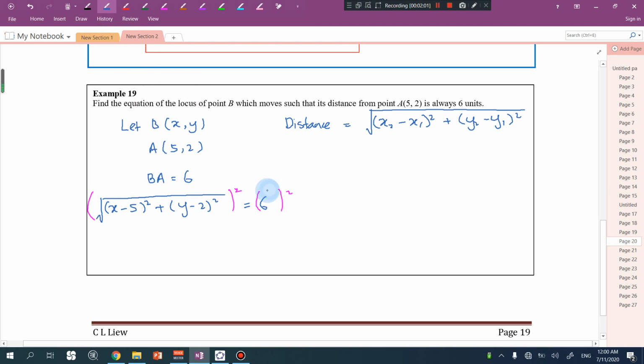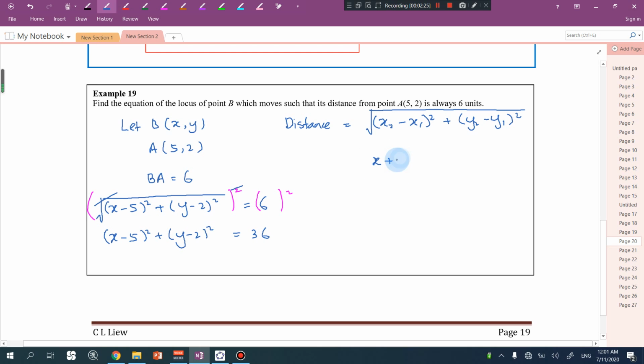So when you square both sides, this will actually cancel out. Then you will have only x minus 5 square plus y minus 2 square. And don't forget, this one will become 36. 6 times 6, you get 36. And then this one, you just do some expansion. I hope that you still remember this formula.